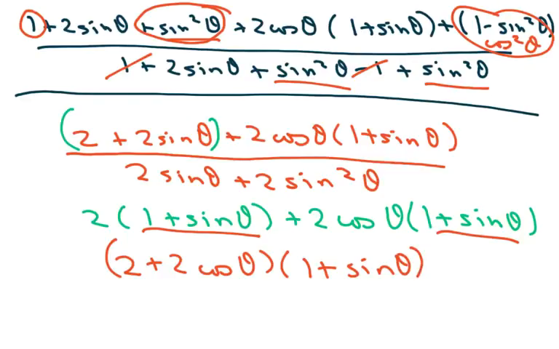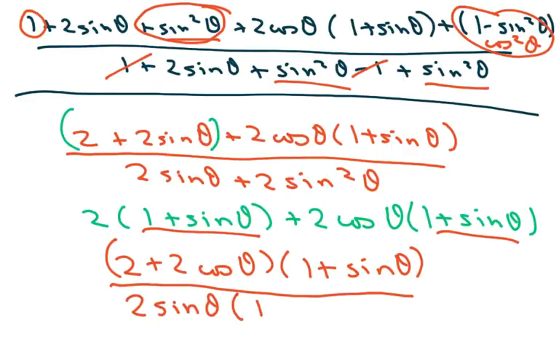And then I'm going to go ahead and take care of my denominator now and factor out a 2 sine. So you get 2 sine of theta, and that's going to be 1 plus sine of theta. Now what you can do is cancel out the 1 plus sines. I can also factor out, I'm going to go ahead and do it here, the 2.